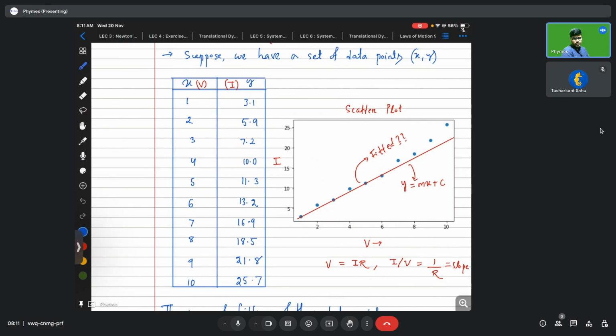Suppose you have some x and y data points, and after the interpolation, then you can find the y data point at any arbitrary x data point, right?